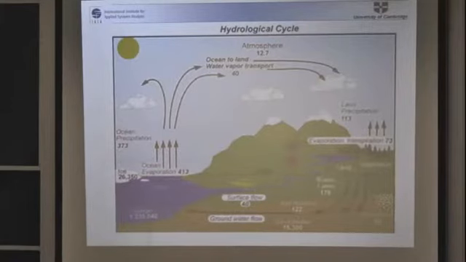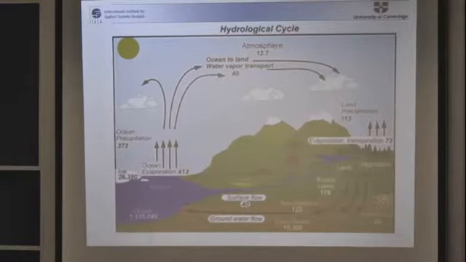Most of you may be aware that water is evaporated due to sunshine or radiation from the sea surface, and then it goes to the atmosphere, and again comes to the ground in the form of liquid precipitation, which is rainfall, and sometimes as snowfall, solid precipitation.